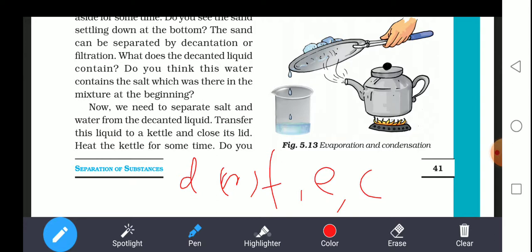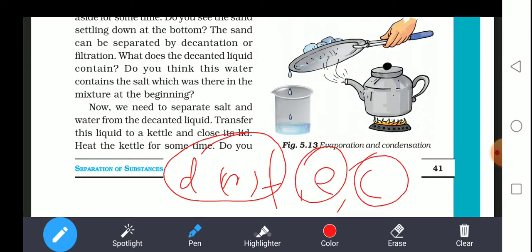How many processes? Three processes. This is one, two, three. Three methods are used to separate a substance from a mixture. So here we can say use of one or more methods to separate a substance from a mixture. So this is how we separate a substance from a mixture.